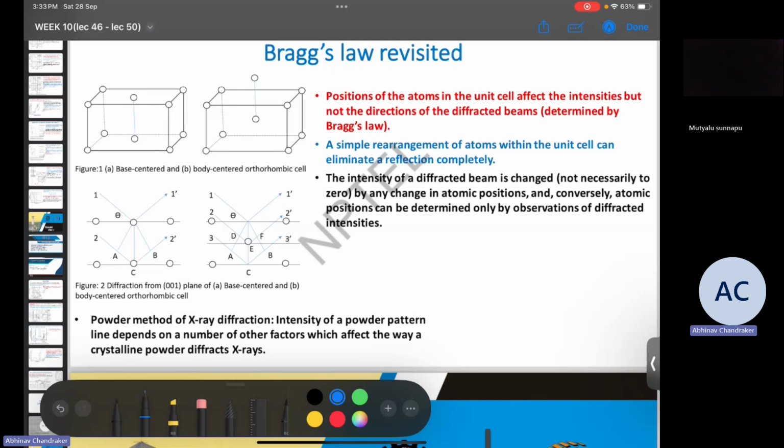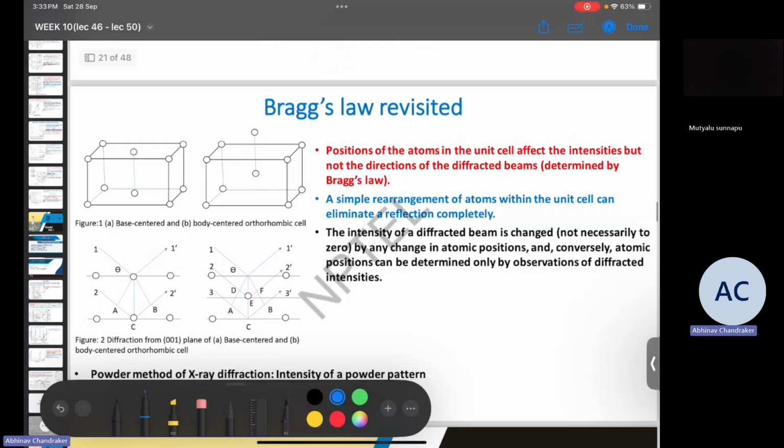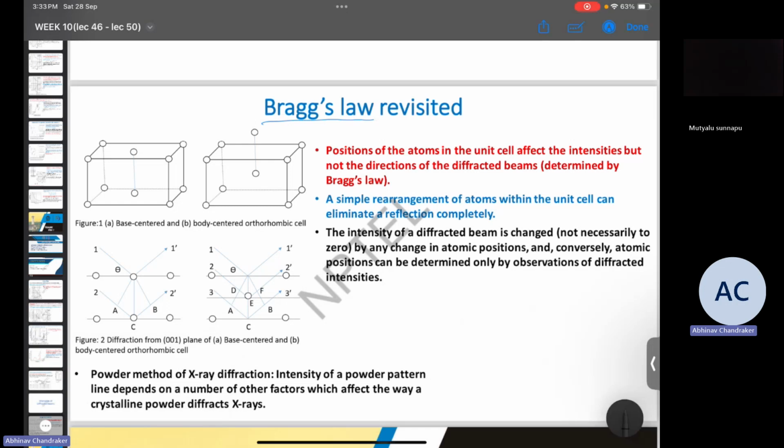Previously we talked about Bragg's law, which tells you at what values of 2 theta, that is at what angles with respect to the incident beam, we'll see diffraction of X-rays or of any electromagnetic radiation.